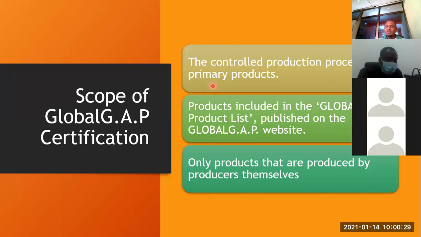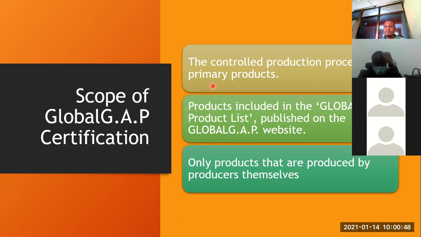So it means GlobalGAP does not cover wild collection. Okay, so if you go to the forest or the bush and you collect seeds, or you collect fruit from the bush, that production is not under control. So GlobalGAP does not cover it.